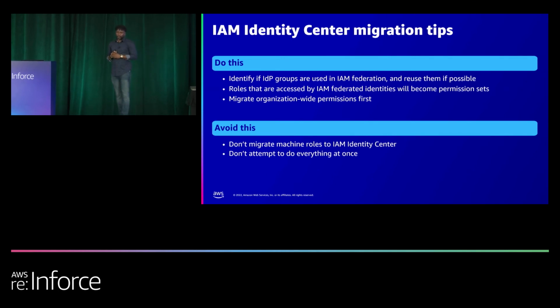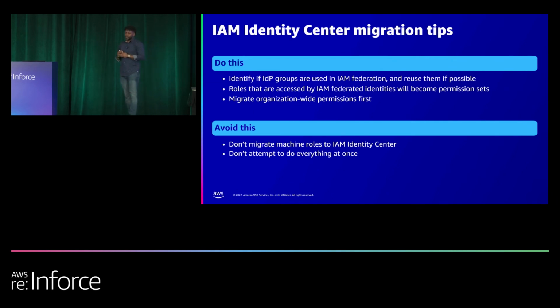You want to migrate your organization-wide permissions first. This will make things much easier for you down the line. And any roles that are accessed by IAM federated identities, you're going to want to convert into permission sets. There are 2 key things here that you should avoid.